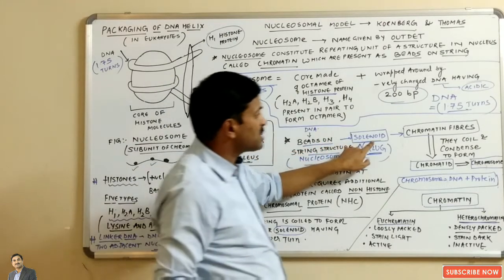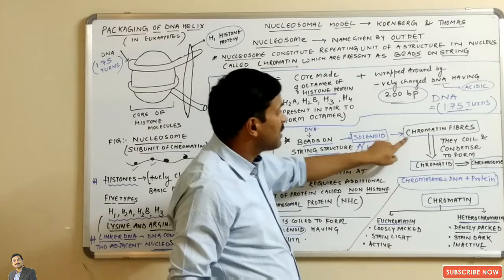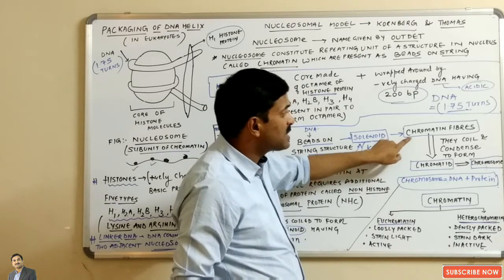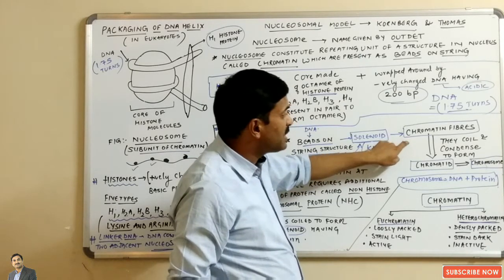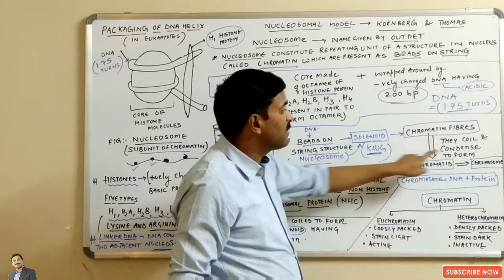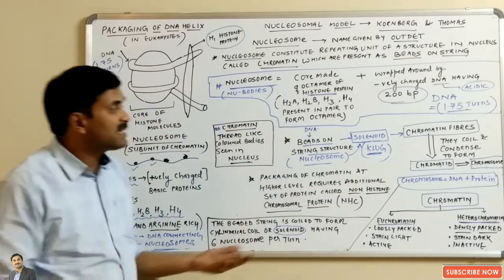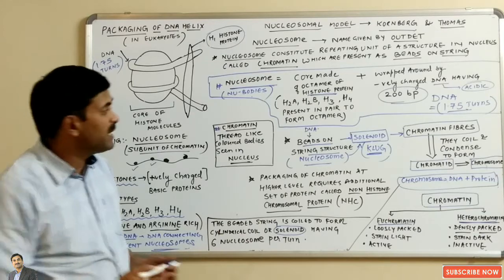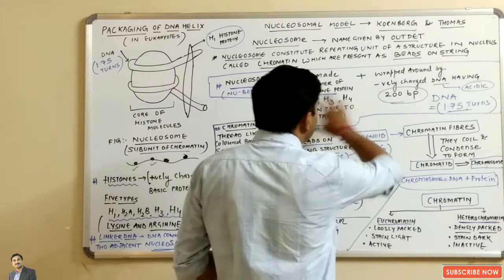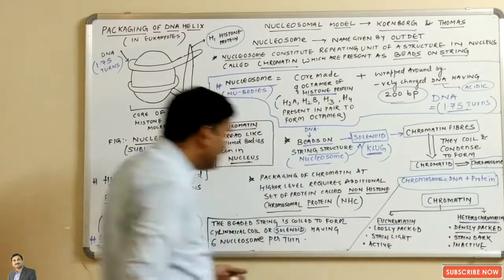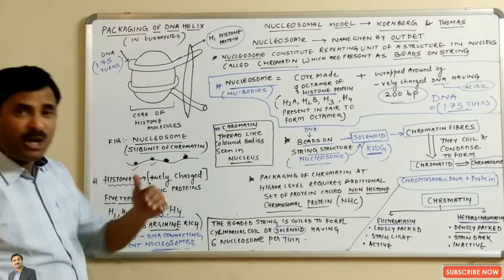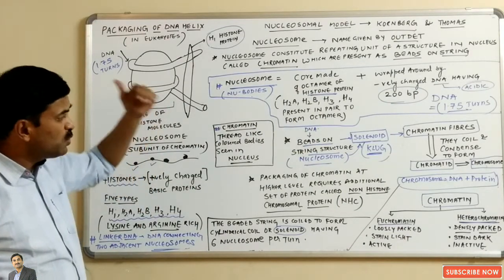This more coiled solenoid structure combines to form chromatin fibers. These chromatin fibers coil and condense to form chromatids, and chromatids form the chromosome. It suggests that a chromosome is made up of DNA and proteins.